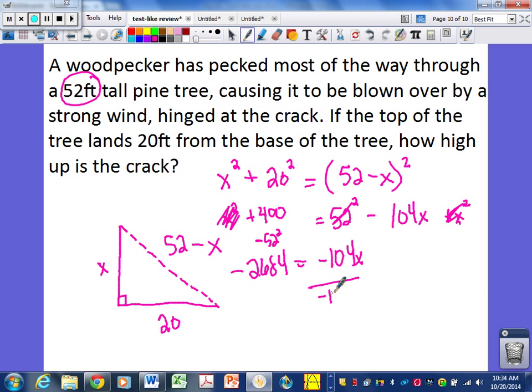Divide both sides by negative 104. And we get approximately 25.8 feet up. 25.8 is how high the crack was up there.